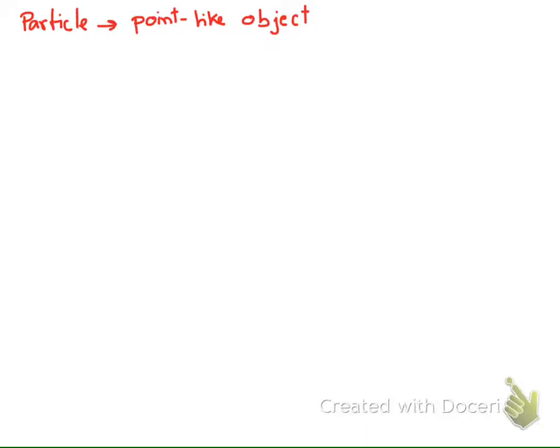The point is that if the size of the object is small compared to other distances, the size will not affect the motion of the object. So we need to know the position of the object only. We don't have to know the internal structure or the size of the object, and we can use the concept of the particle here.